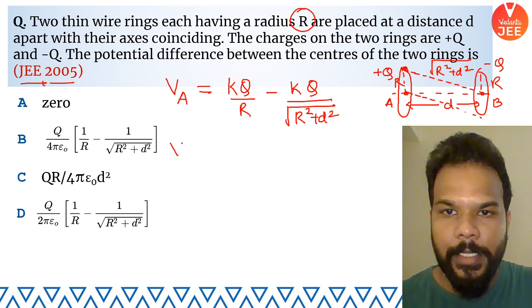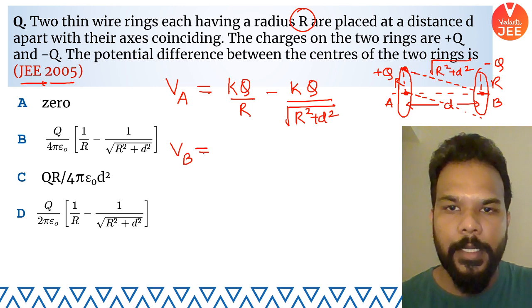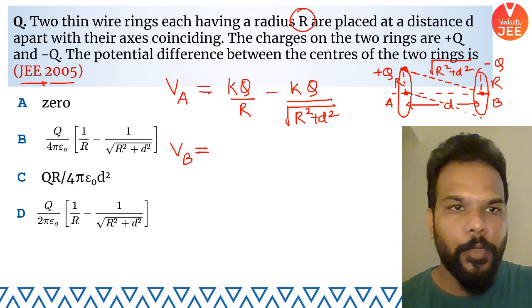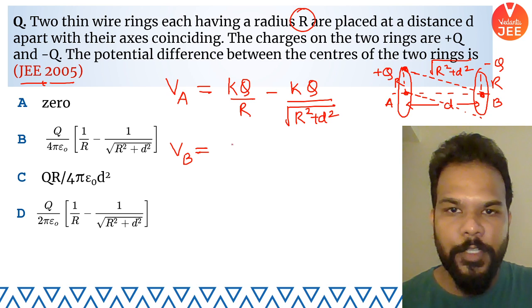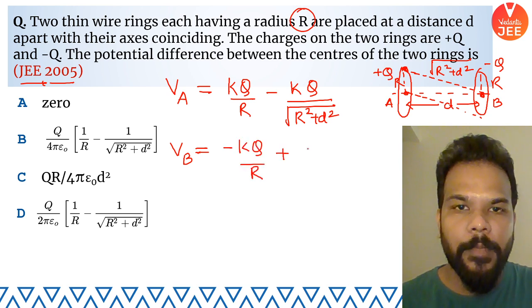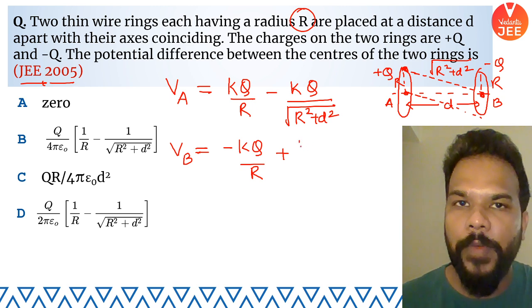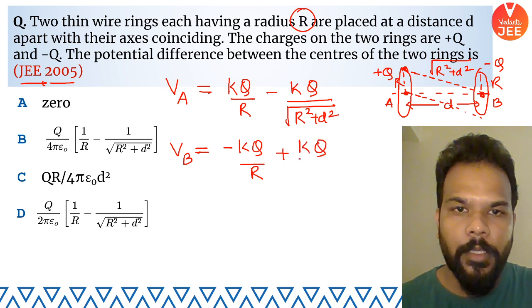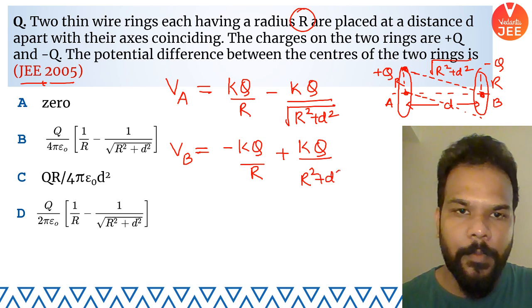Okay. Next is VB, that is the potential at this point B. Because of its own charge, it is minus KQ by R because it has negative charge, and the positive charge is at a distance under root of R square plus D square. So plus KQ by under root of R square plus D square. Okay.